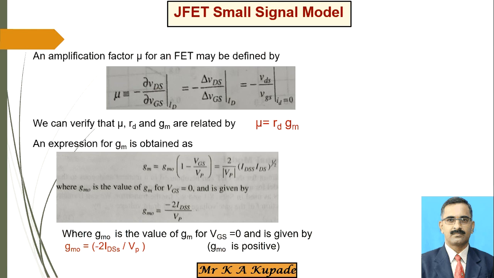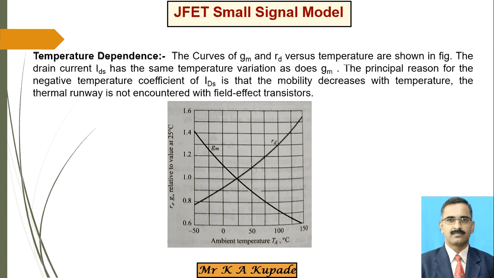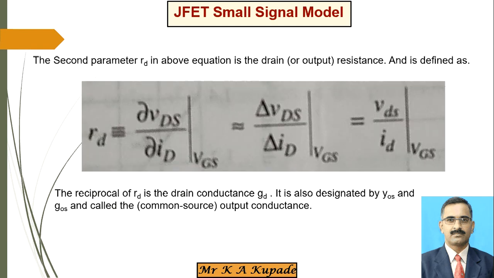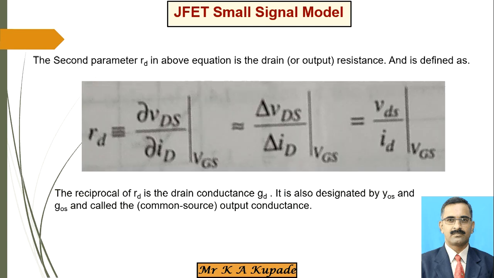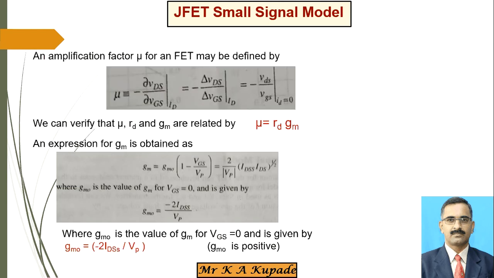An expression for GM is obtained by considering all the above equations, starting from the transconductance, the forward transadmittance, the output conductance, and the amplification factor mu.